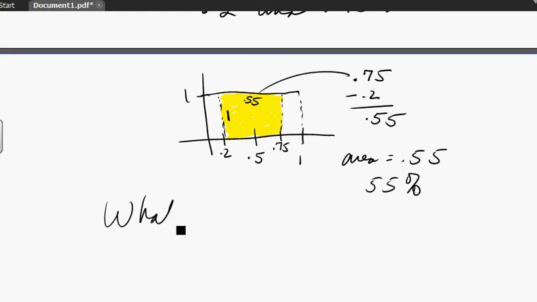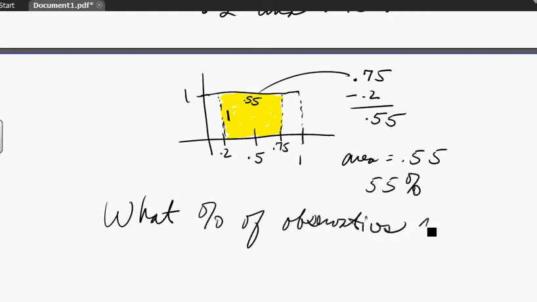So I'll reword this. What percent of observations are between 0.118 and 0.27?